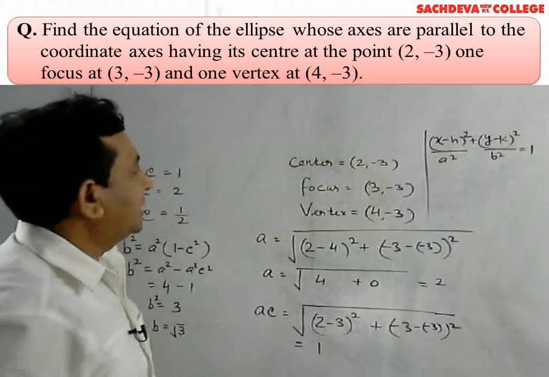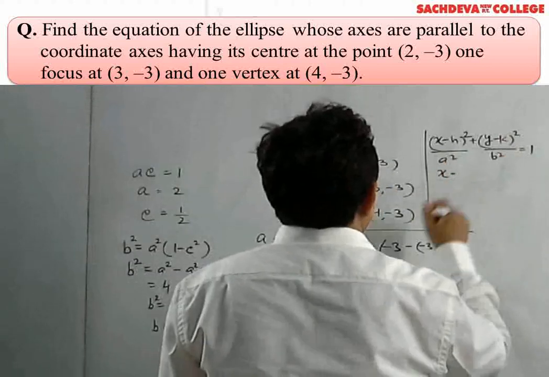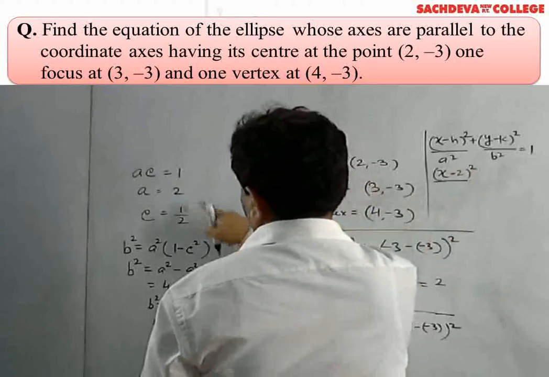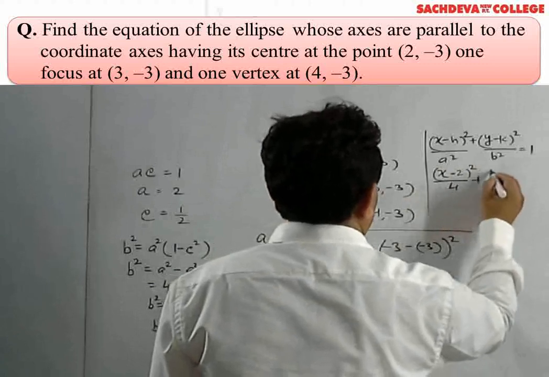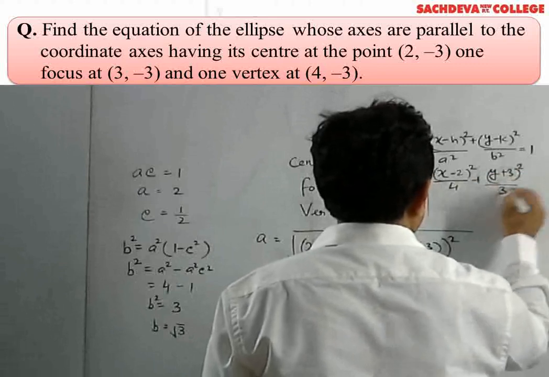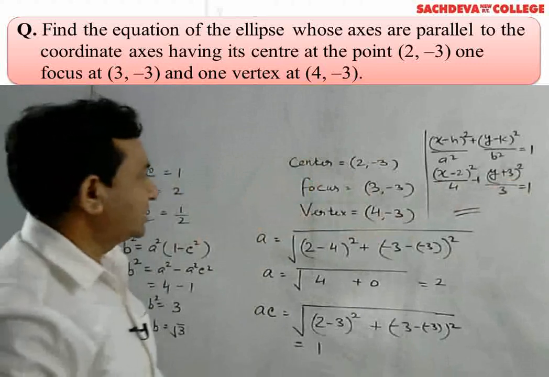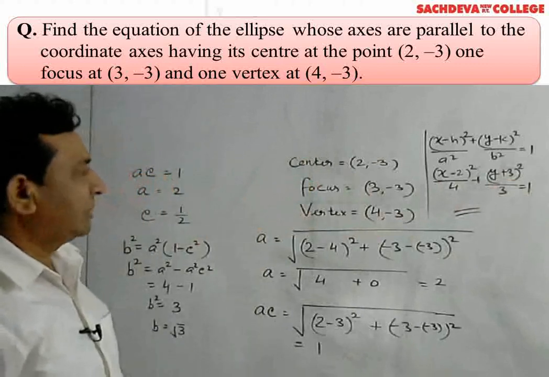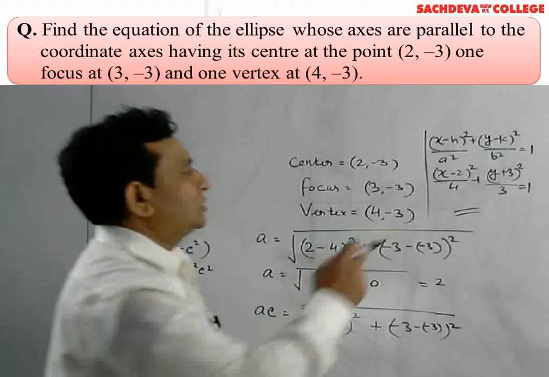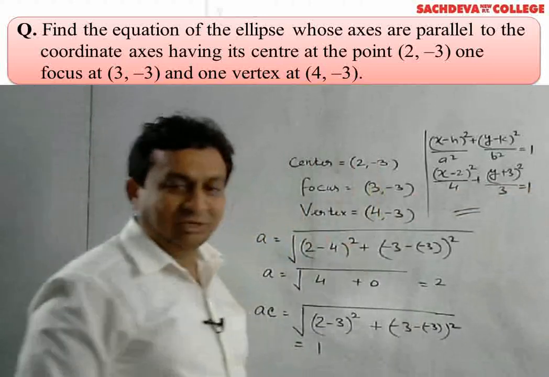Because center point is 2, -3 here, so x minus 2 whole square upon, because a square is 4, plus y minus of minus 3, it means y plus 3 whole square upon 3 is equal to 1 is required equation of ellipse whose center point is 2, -3, focus is 3, -3 and one vertex is 4, -3 is x minus 2 whole square upon 4 plus y plus 3 whole square upon 3 is equal to 1 is required equation of ellipse.